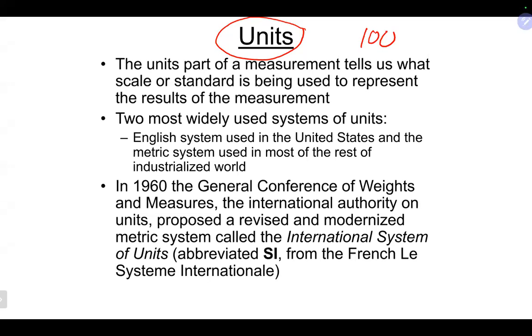It could be 100 pennies, right? Which would be very different than $100, which would be very different than 100 degrees outside, which, again, it always seems lately it is 100 degrees outside a lot. So whenever you take any type of measurement, you should always include not only the number, but also the unit as well. So we do want to always have the number and the unit associated with it.